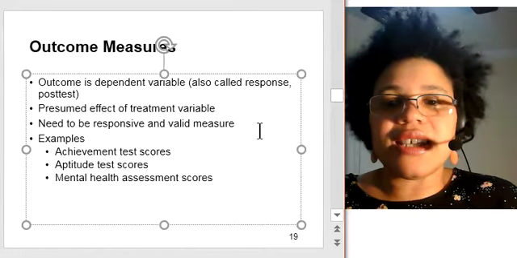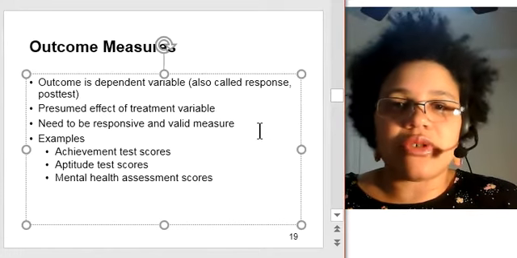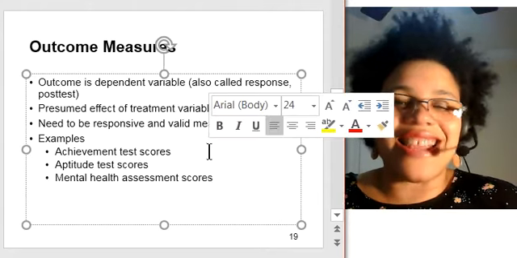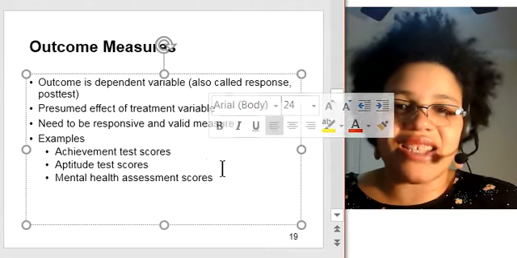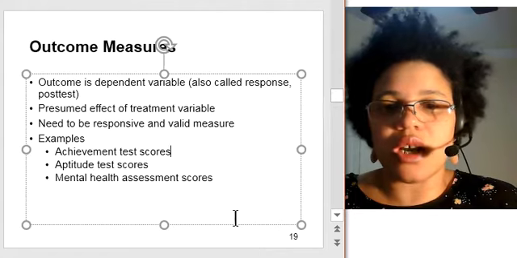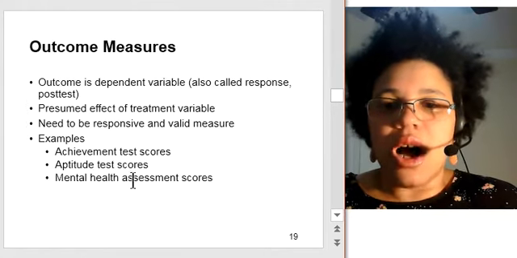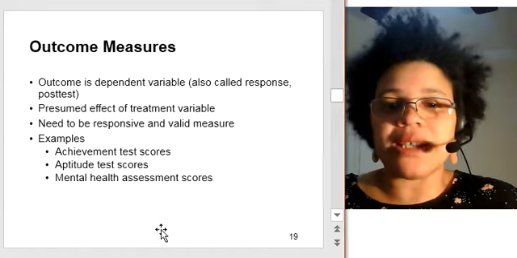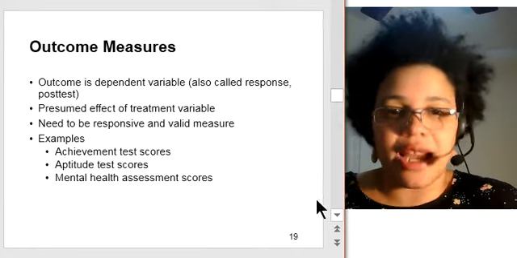And they need to be a responsive and valid measure, something that is likely to change as a result of your intervention. It could be achievement test scores or aptitude. It could be some kind of mental health assessment, that kind of thing.